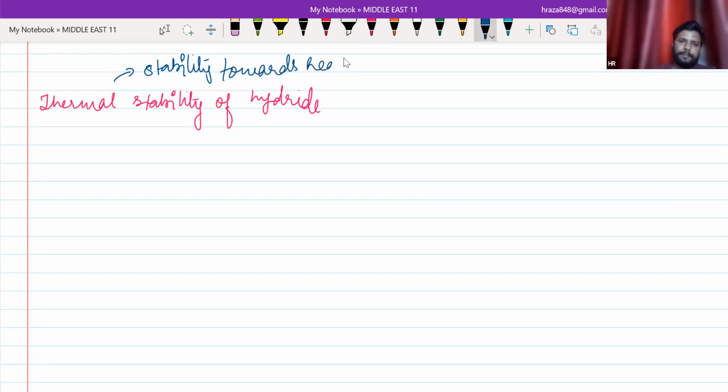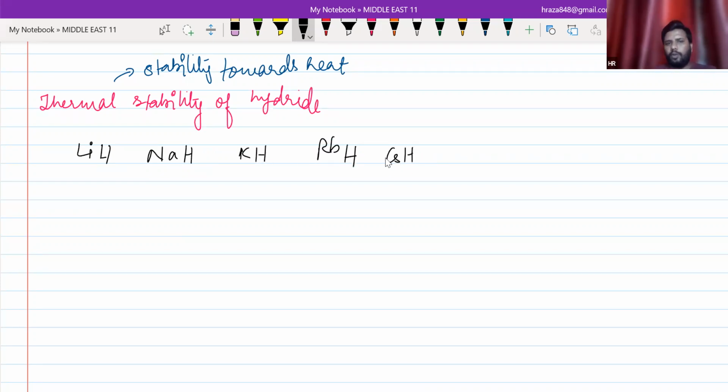If you are given LiH, NaH, KH, RbH and CsH, what I told you is that if it is ionic, it will depend upon bond strength.